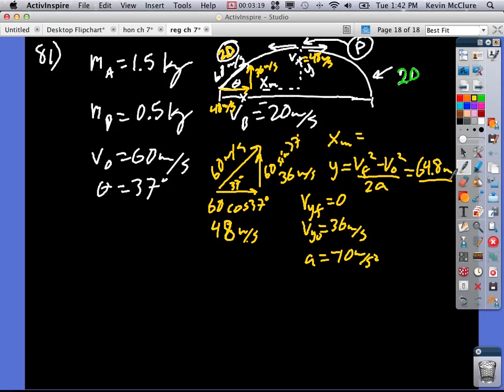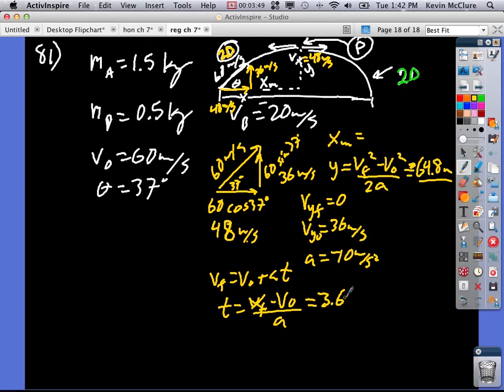I can also use a different equation to get time. The equation that I'll use is Vf equals V0 plus at. So that's going to give me t is Vf minus V0 all over a. Remember, a again is negative 10. This was a negative over a negative, so that worked out. Again, V final is 0.